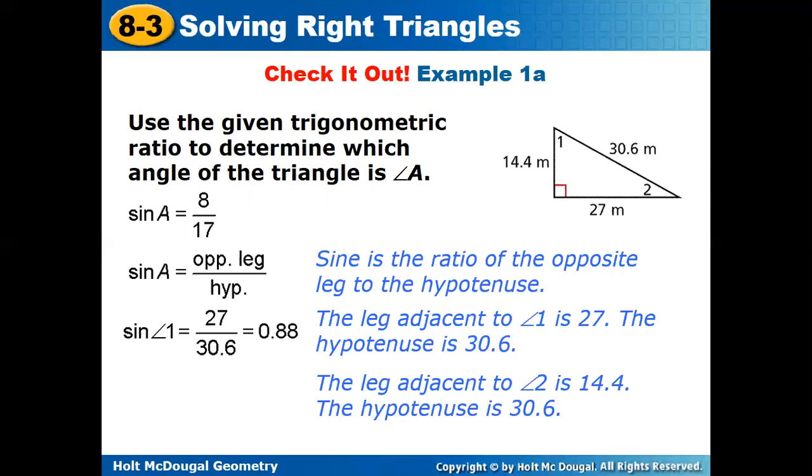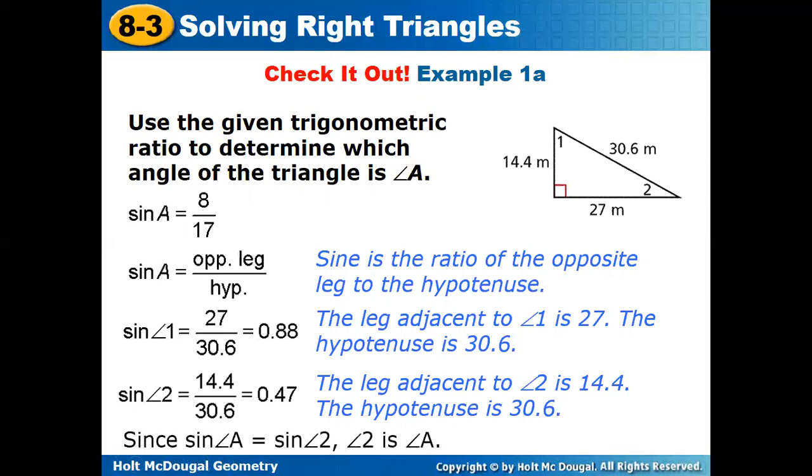So, to find sine of angle number 2, we will find the ratio between 14.4 and 30.6, the opposite leg and the hypotenuse, which is equal to 0.47. So, since sine of angle A is equal to sine of angle 2, angle 2 is angle A.